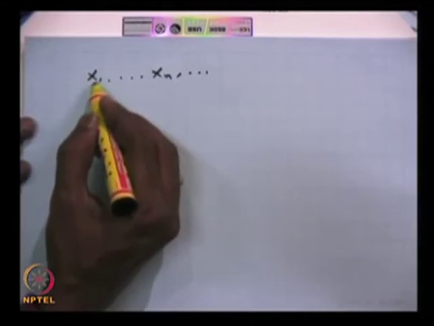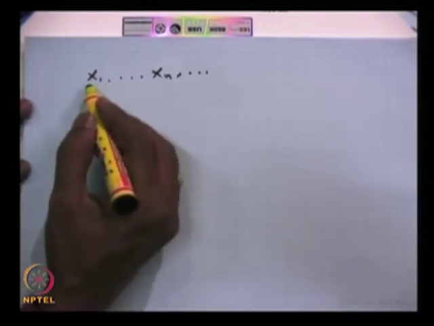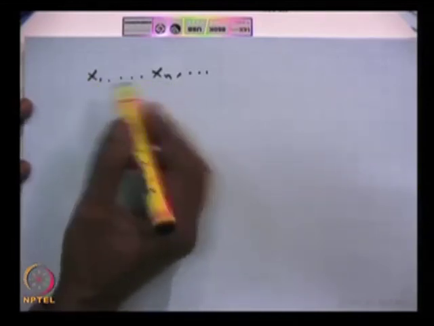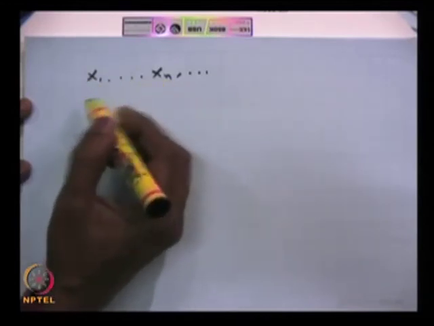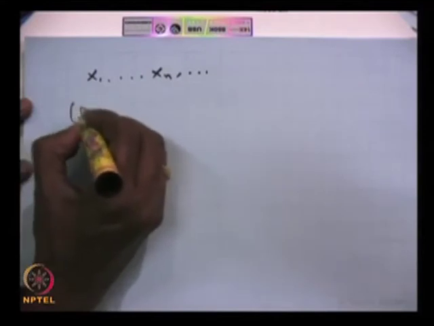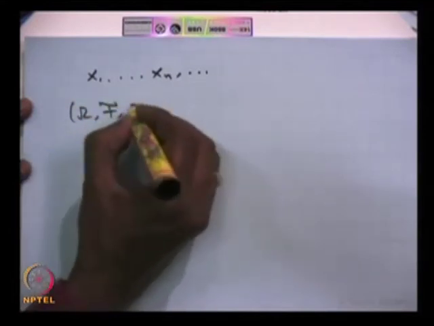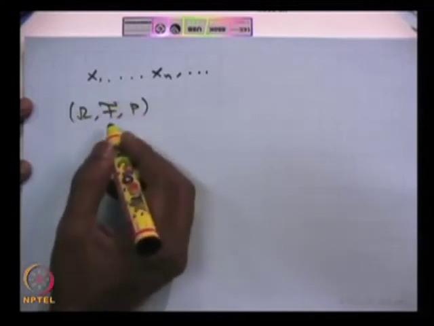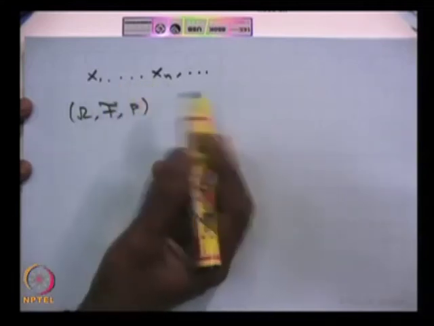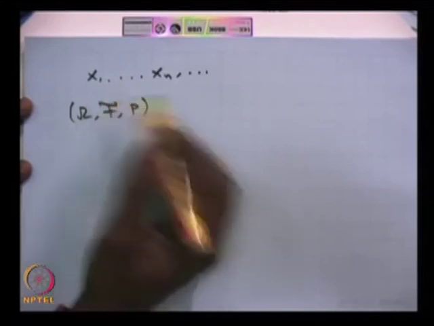Therefore, you can create countably infinite or uncountably many random variables over the same probability space. That means you have one probability space, and in that single probability space you can create either countably infinite or uncountably many random variables.